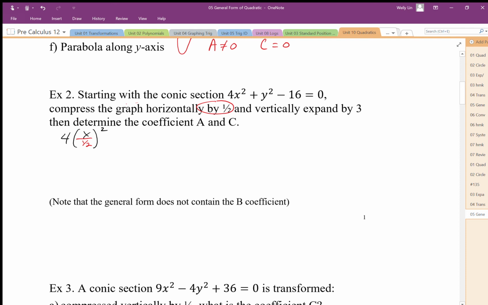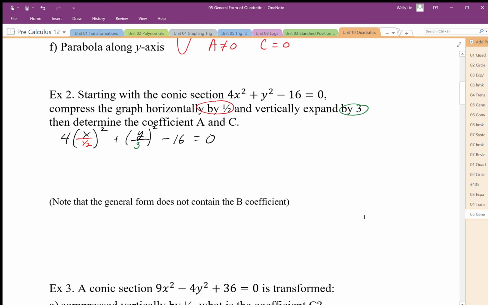If you want to remember it that way, that's perfectly fine. Plus, there's my y squared. And it's going to be expanded vertically by 3. So expand vertically by 3, I'm going to just put it as a divide by 3 in the denominator. And then that's equal to minus 16 equals 0.